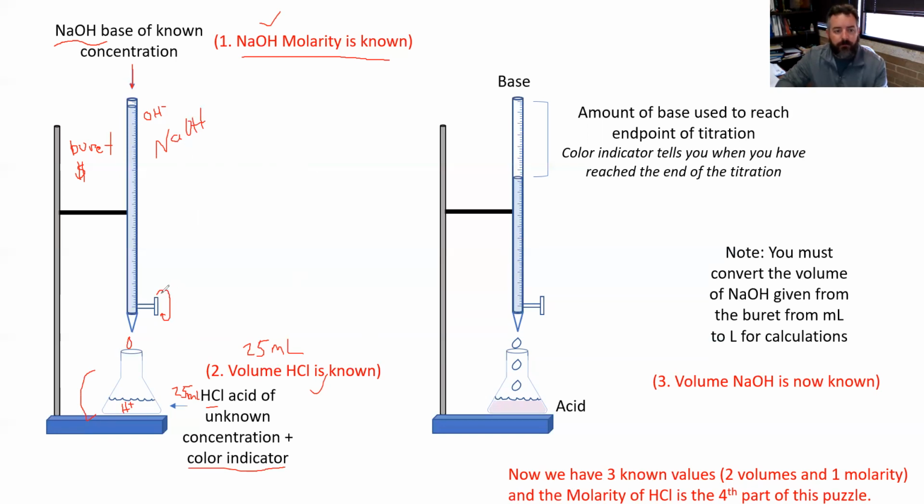So once we turn this to release the sodium hydroxide into the flask, the volume is actually going to start going down. This is read starting at 0 and going to 50, and these are all in milliliters.